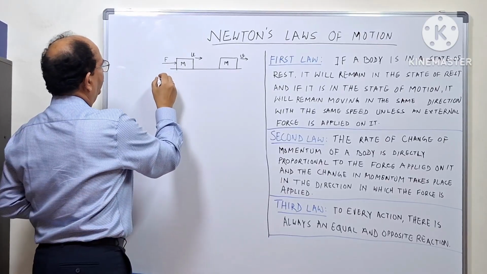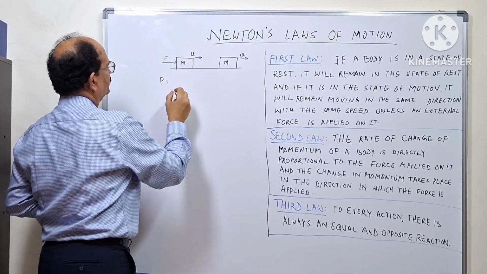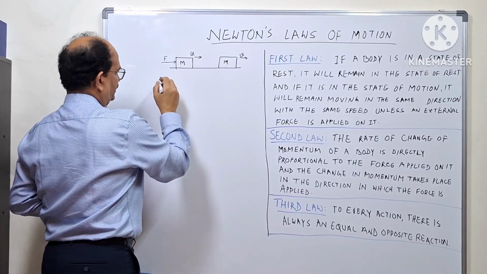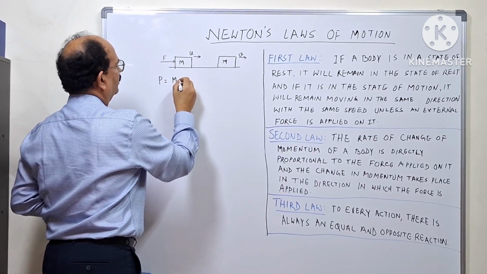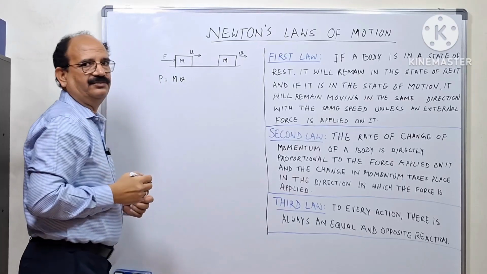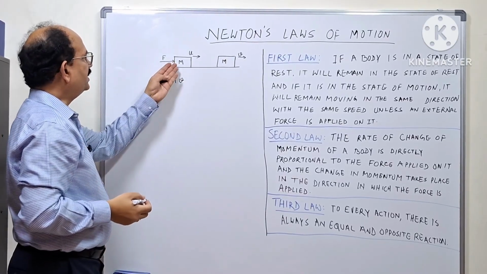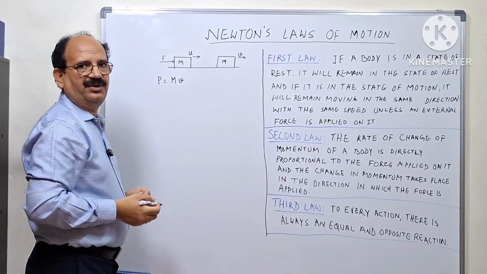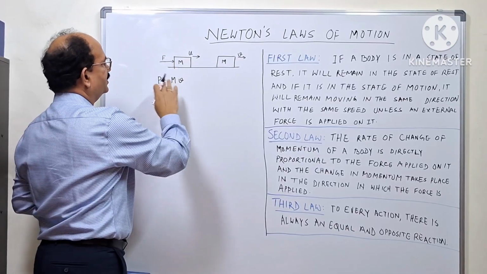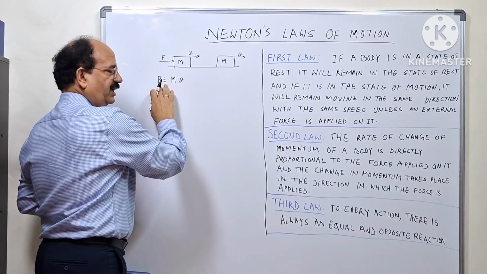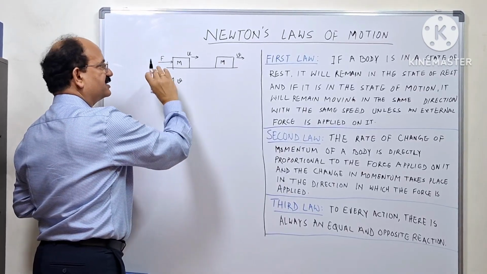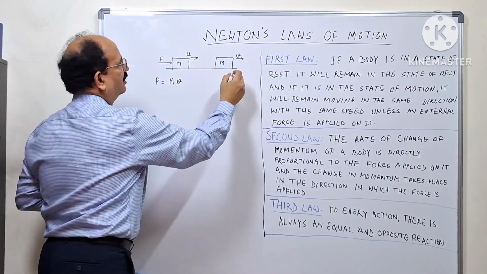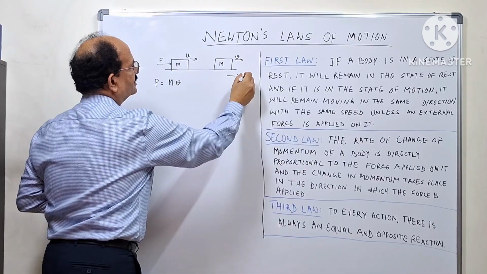Now, momentum is denoted by P, and it is defined as mass into velocity of the body. Initially the body is moving with the speed of u in this direction. Momentum is a vector quantity. I'm not introducing a vector. I'm just explaining that in a simple way because the body is moving in the x direction itself.